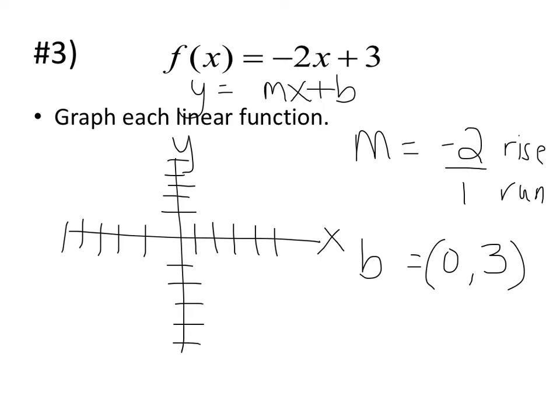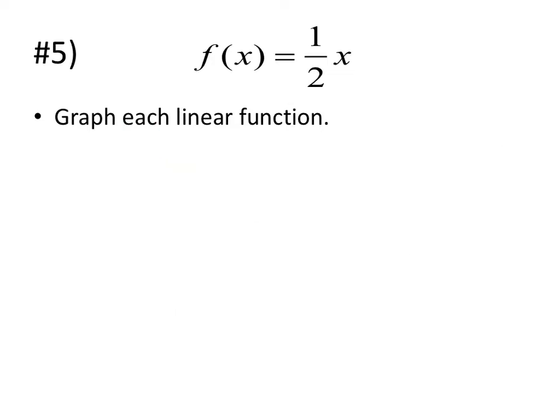So 0, 3, my y-intercept first, and then you're going to rise -2, so you go down 2, and then you're going to run 1. So you end up right here. Connect your points, and that's your graph.